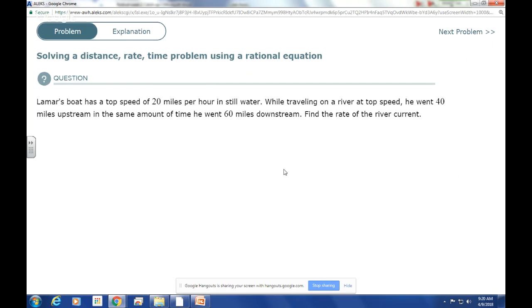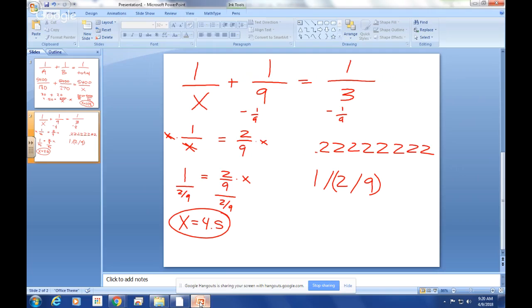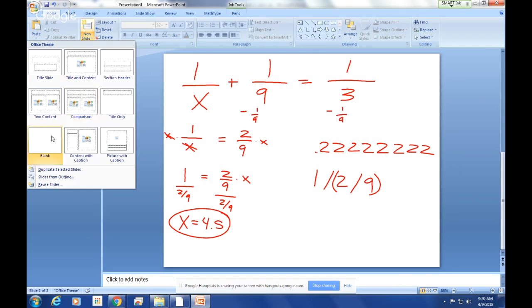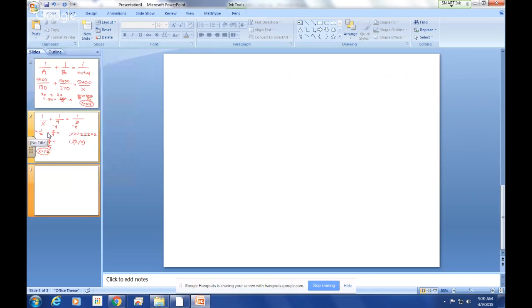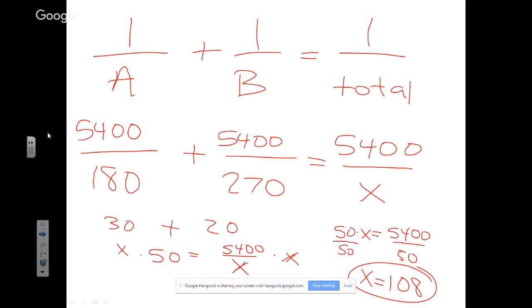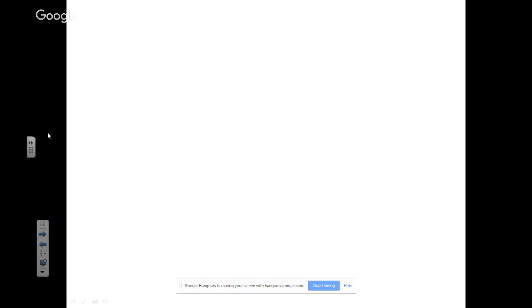Anytime you have a distance rate time problem, you're always going to make a chart. And that chart is going to be distance, rate, time, okay?